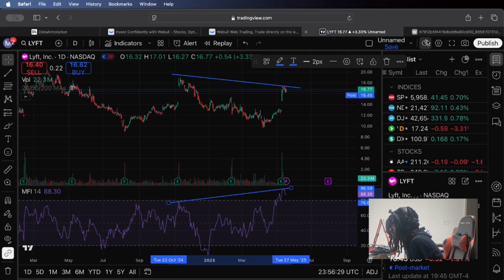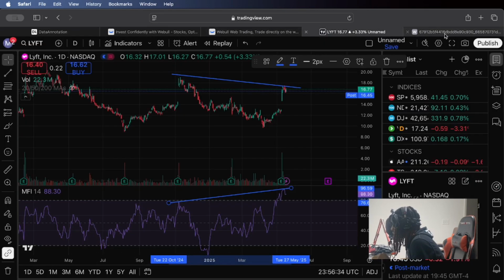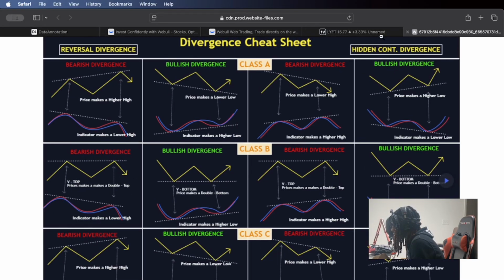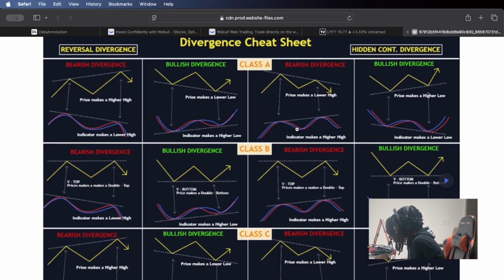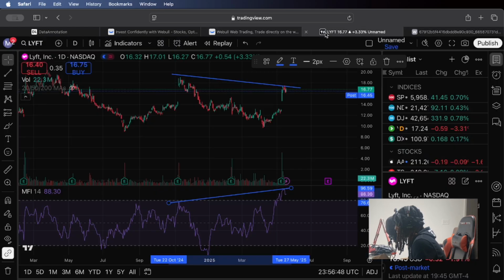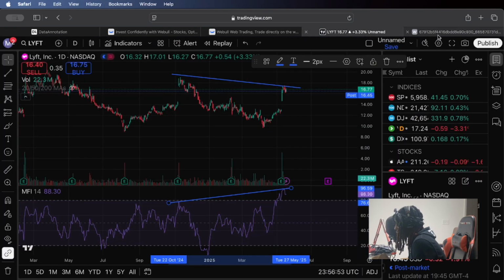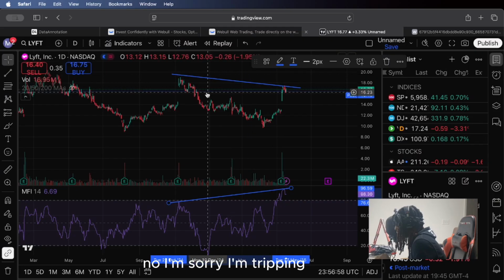Let me see what it's doing. It's on a downtrend. Okay. Makes a lower low and a higher low. No, I'm sorry, I'm tripping.